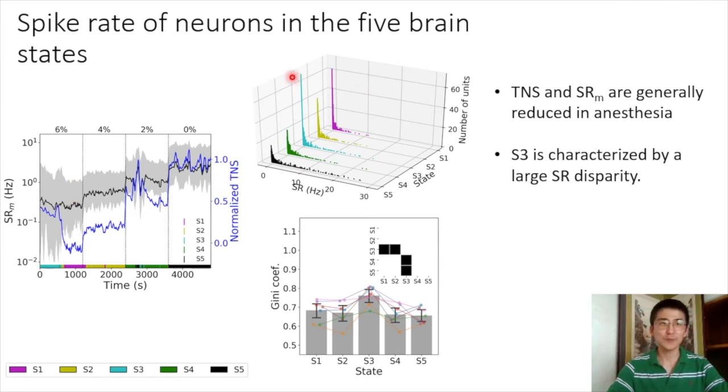In S3, many neurons were inactive, even more than S1 and S2, but there were a few neurons with very high SR. Accordingly, the variation of SR across individual neurons was the highest in S3. The Gini coefficient of S3 was significantly larger than all the other 4 brain states.